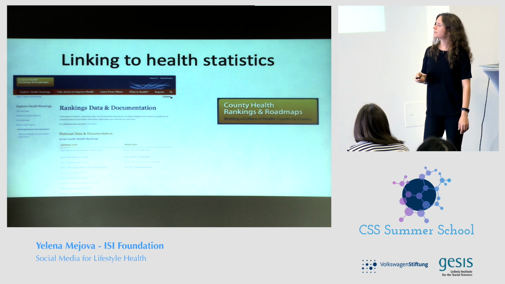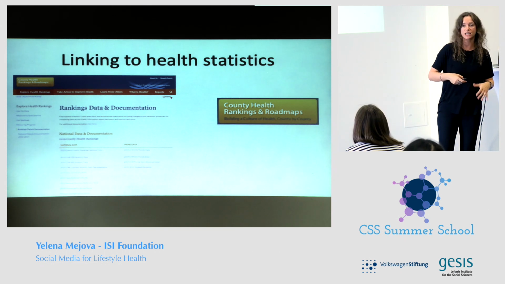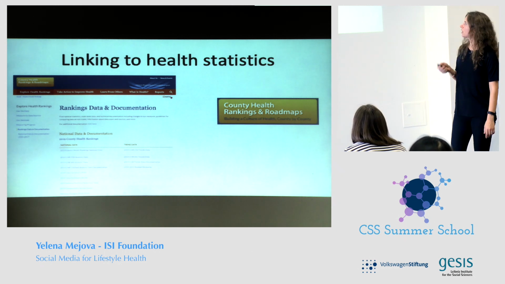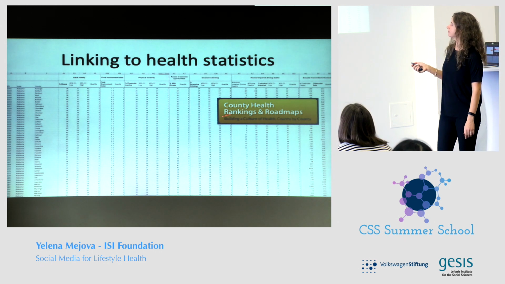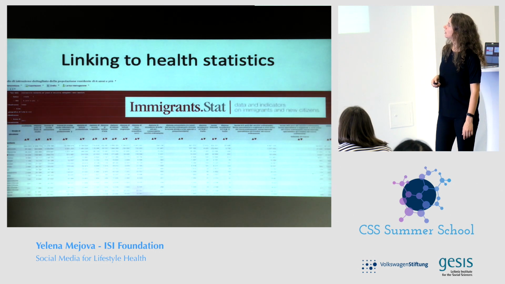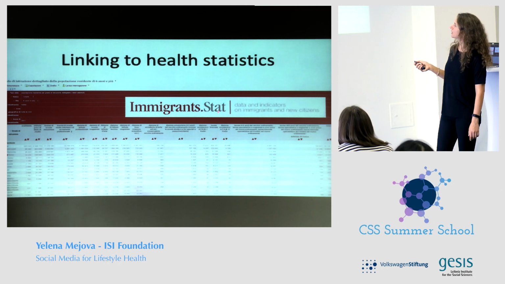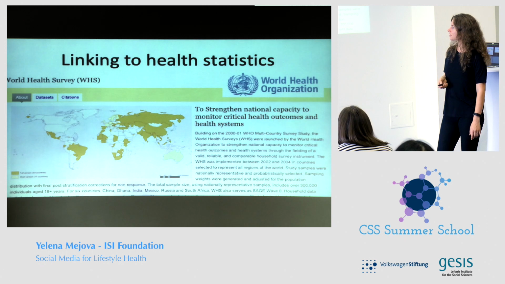Then you can find health statistics or statistics about your population. This can be really nice, especially if you're working with a lot of people. So there are things for the US that give you statistics per county, which is very nice and small. Statistics for example, Italy, where I live now. There's Istat that gives you, for example, immigration statistics.